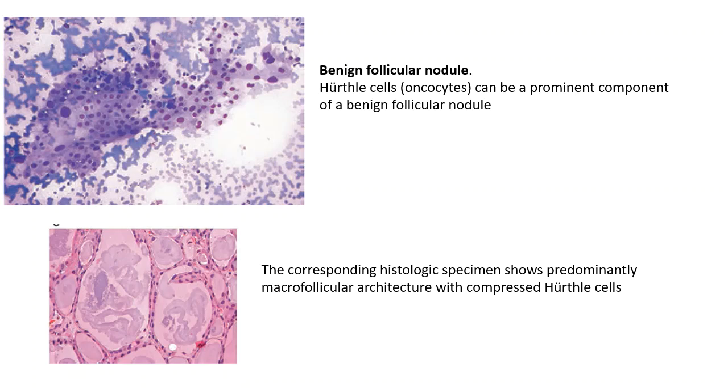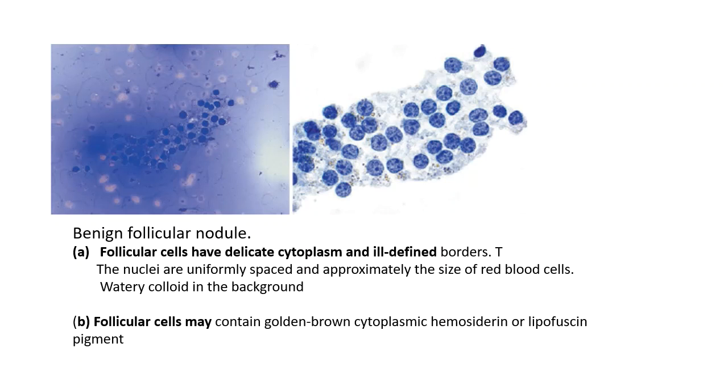So when we look at the benign follicular cells, they have a delicate cytoplasm with ill-defined borders. You cannot see the cytoplasmic borders, and the nuclei are evenly placed. There is no nuclear overlapping, no anisocytosis, and usually the size of the nucleus is that of a red blood cell. And you can have watery colloid in the background.